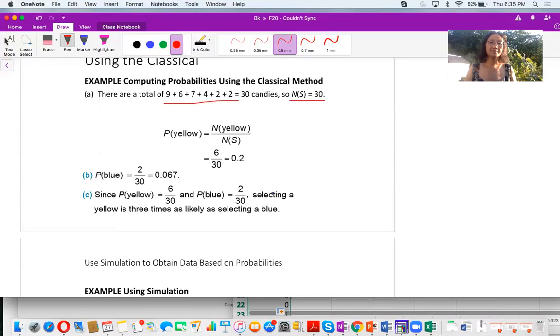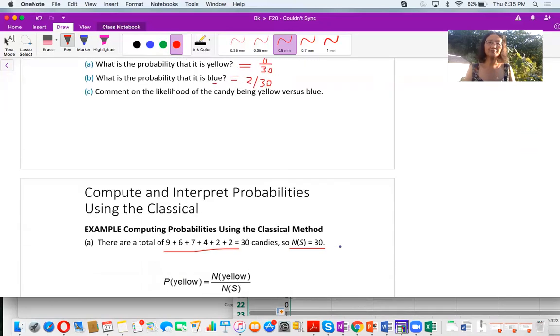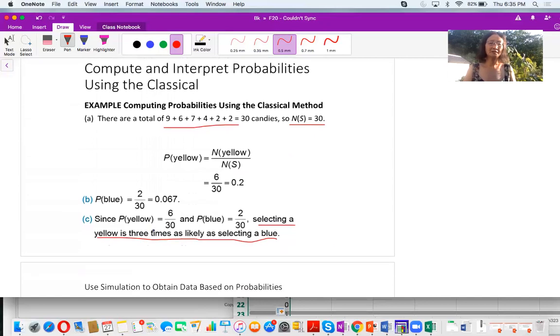We see selecting a yellow is 3 times as likely as selecting a blue because yellow is 6 over 30 and blue is 2 over 30. So yellow is 3 times blue.